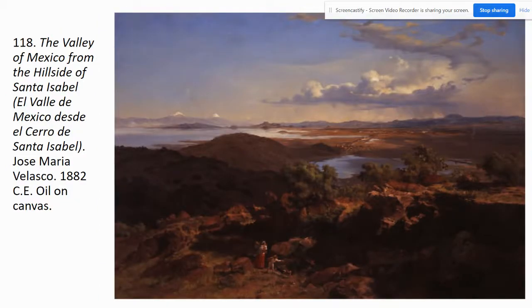So what's being done here in 1882 in Mexico is calling back to older traditions of romanticism, mostly. I know it wasn't that long ago that we did romanticism, but again, the 19th century moves very quickly. Romanticism isn't over, but there are other styles that have come into play.